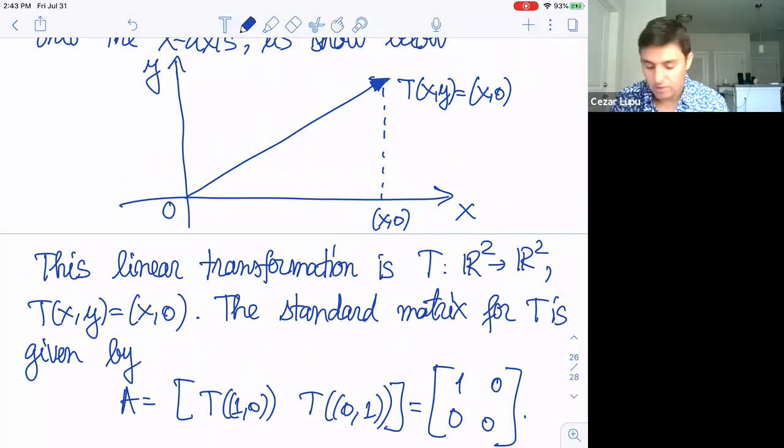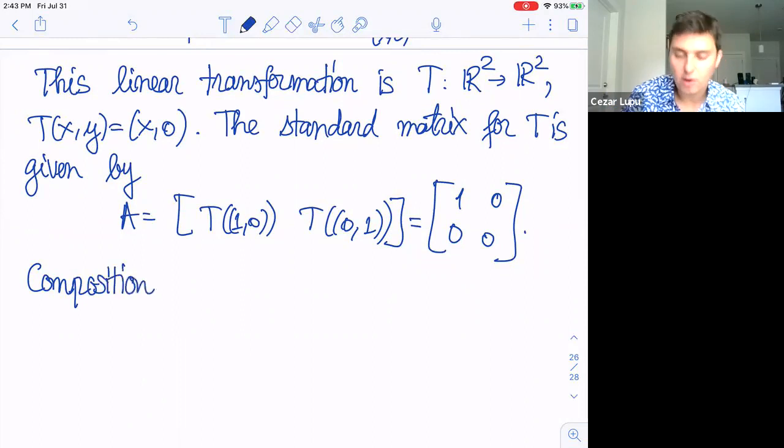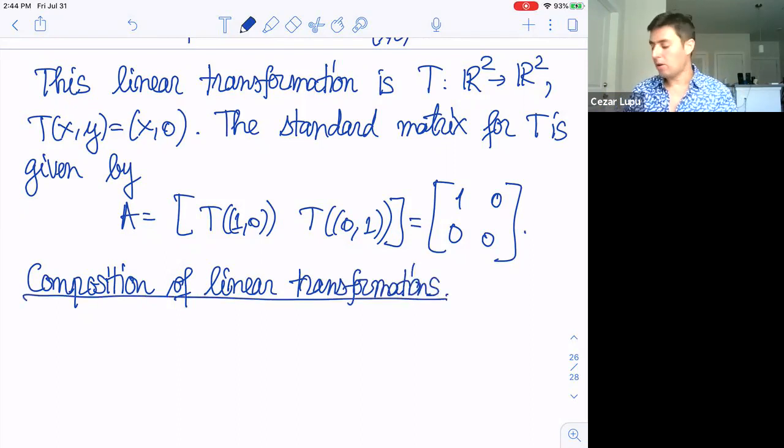Okay, now let's veer towards something else, the composition of linear transformations. I've talked about isomorphisms, but before I go and talk about the inverse of a linear transformation, I want to talk about the composition of linear transformations. And what is this all about?